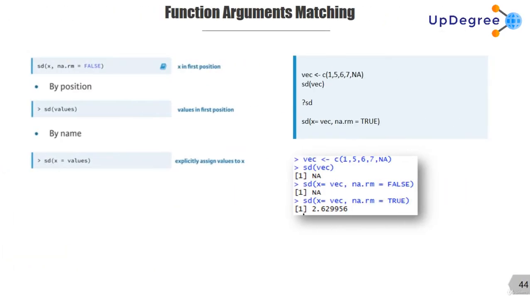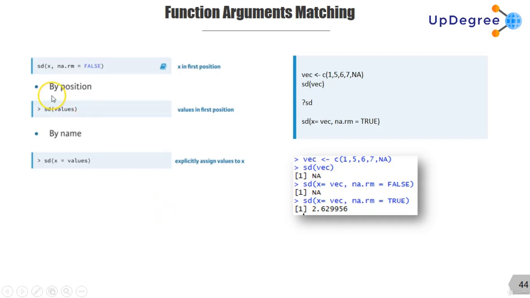That's why whenever you are passing any value to a function, you can pass it in two ways, either by position, like you can say the first position is for value and the second position is for na.rm. But if you don't remember that, you can name it. Suppose in standard deviation, SD is the function for standard deviation, you can simply ask with a question mark and see what the different arguments are, and suppose in the fifth position there is an argument which you want to change.